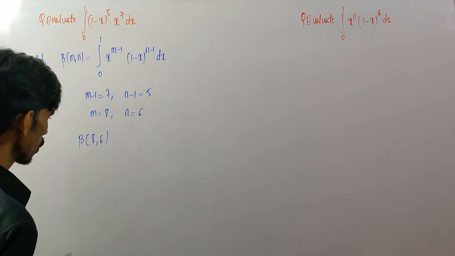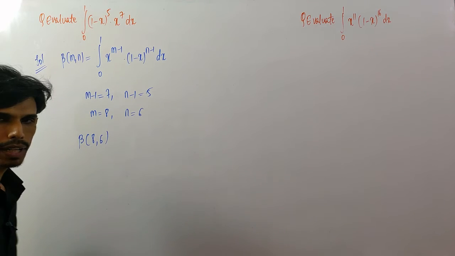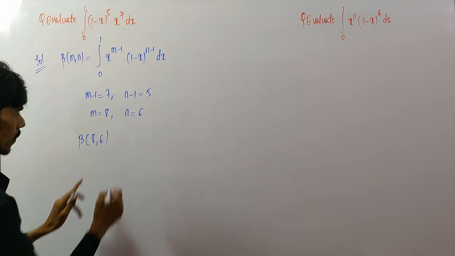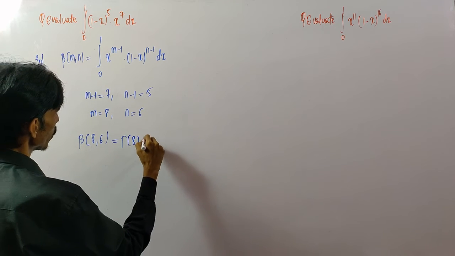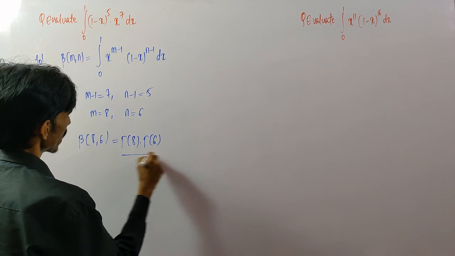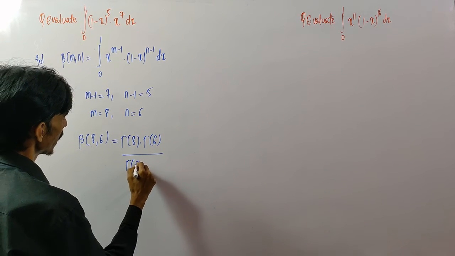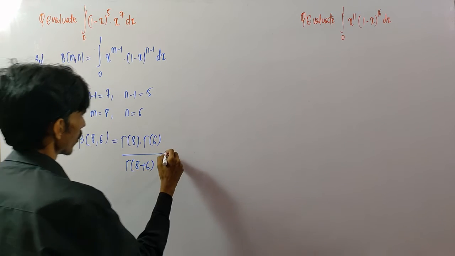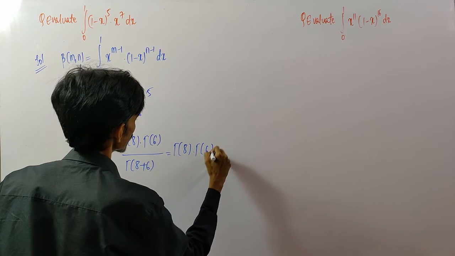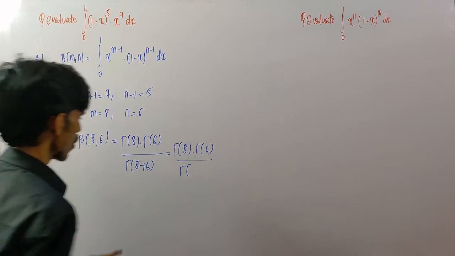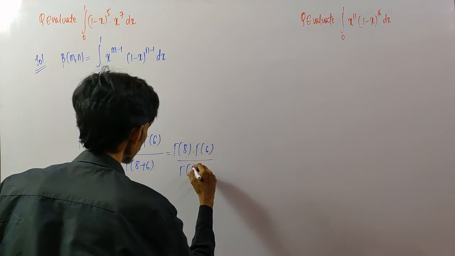Now, using the concept of beta and gamma relation, this can also be expressed as gamma of 8 into gamma of 6 divided by gamma of 8 plus 6, that is gamma of 14.